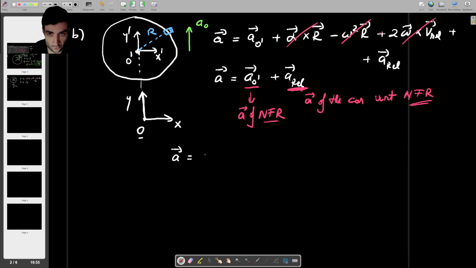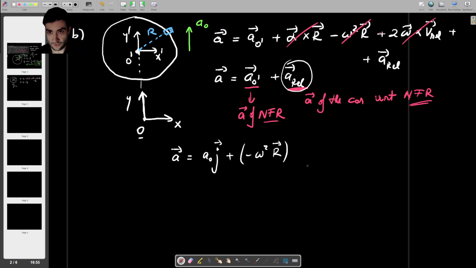So this is going to be A0 times J. You know, it doesn't have to be in this direction, but it also doesn't take away from the generality of the problem either. And also, the relative acceleration is going to be equal to minus omega squared r.